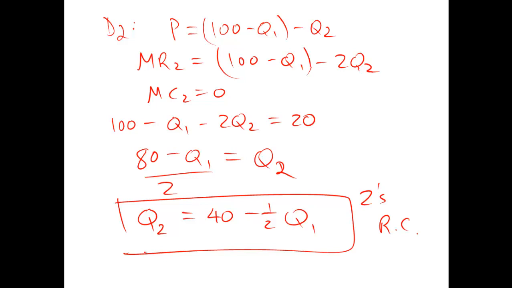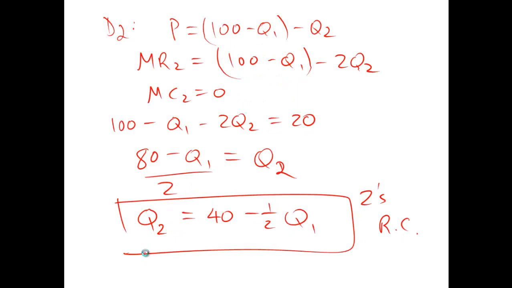Okay, so we're somewhere, but we're not done. What we have to do to find the quantities of output produced by the respective firms is to solve these reaction curves together. So let's do that. And that's, by the way, finding the Cournot-Nash solution to this problem. So here's firm 1's reaction curve: Q1 equals 45 minus 1/2 Q2.